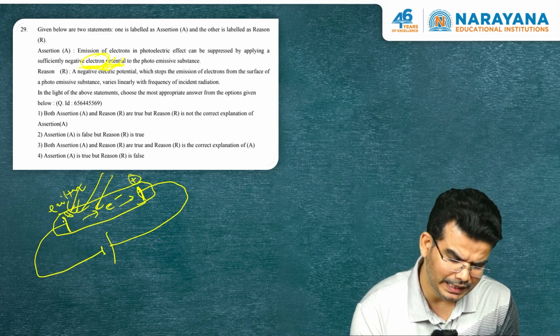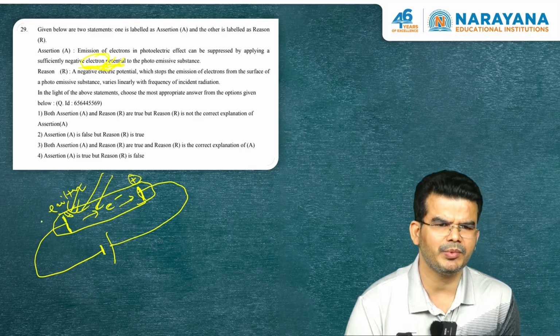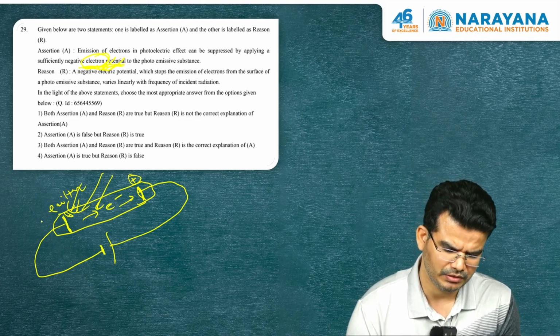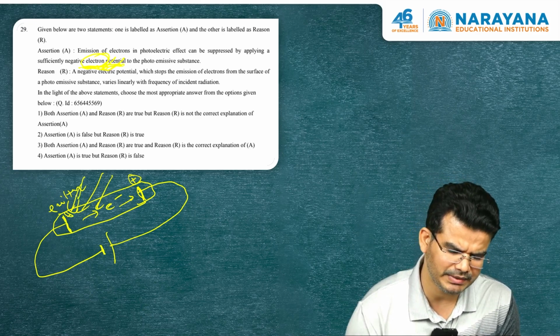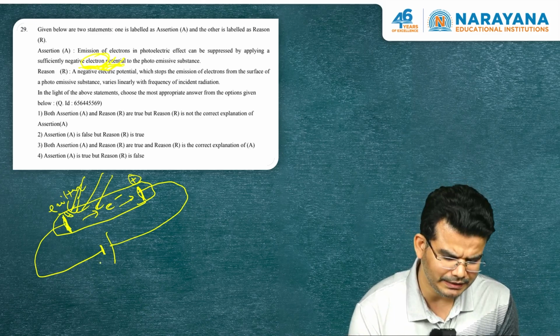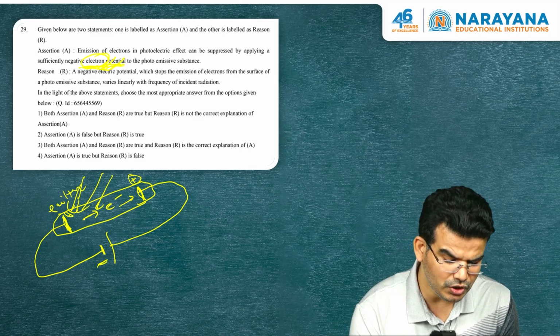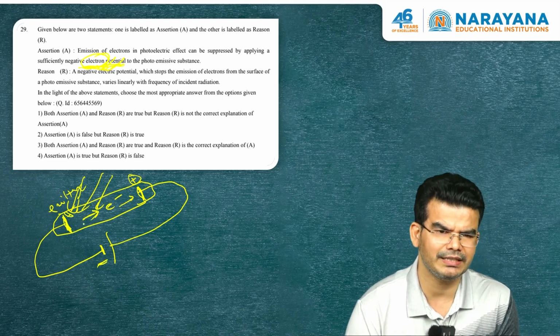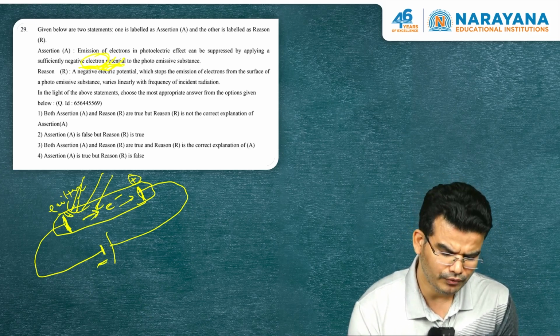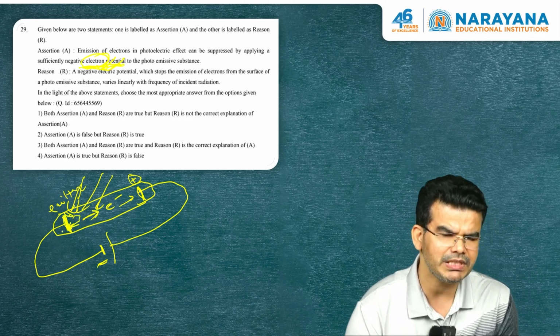So, you can see that the emitter is actually connected with the negative terminal of the battery, not the positive terminal of the battery. To have photoelectric emission, the emitter substance is connected with the negative terminal of the battery. Now, if I have to stop this emission of electrons, rather the photocurrent ceases to 0, for that what do I want? I want the electrons to be reabsorbed, for that this emitter terminal must be positive.